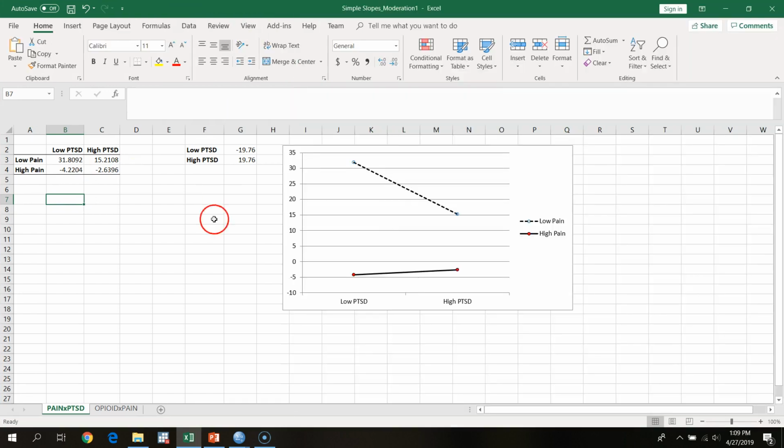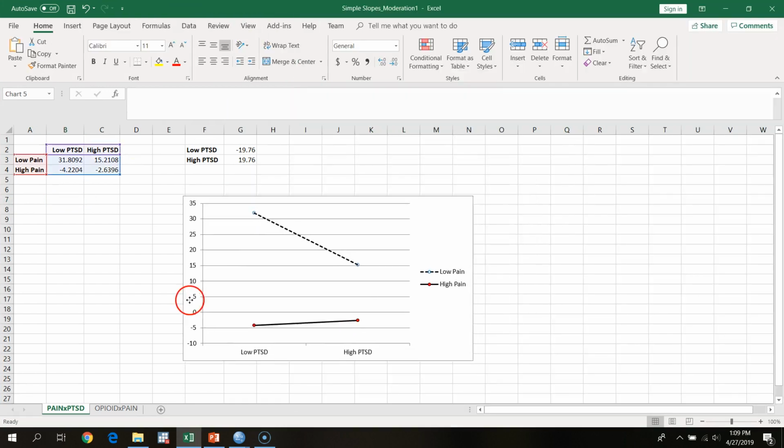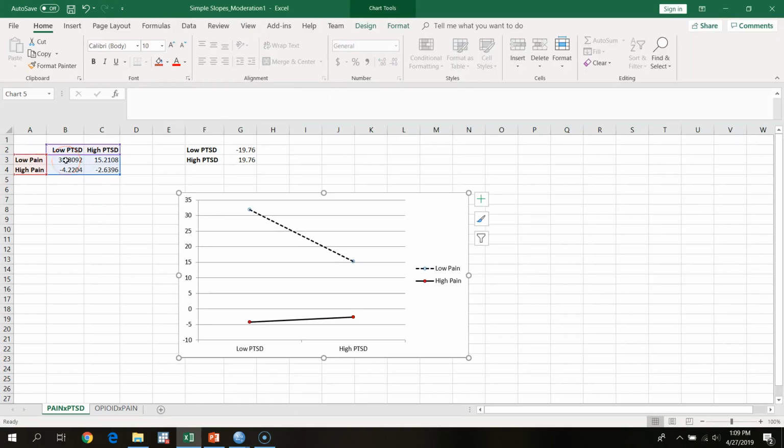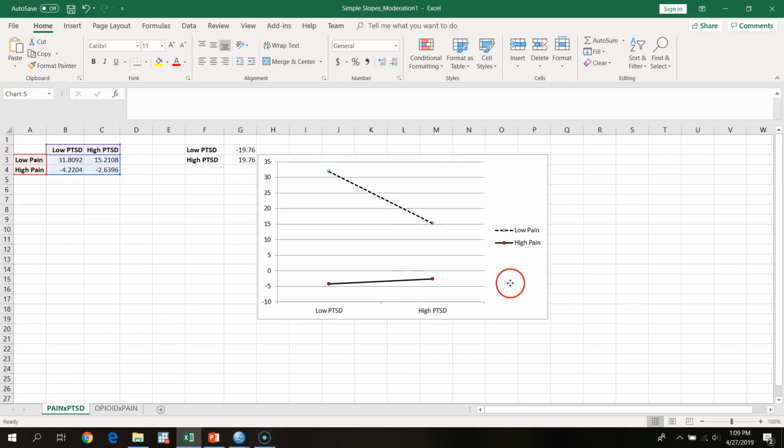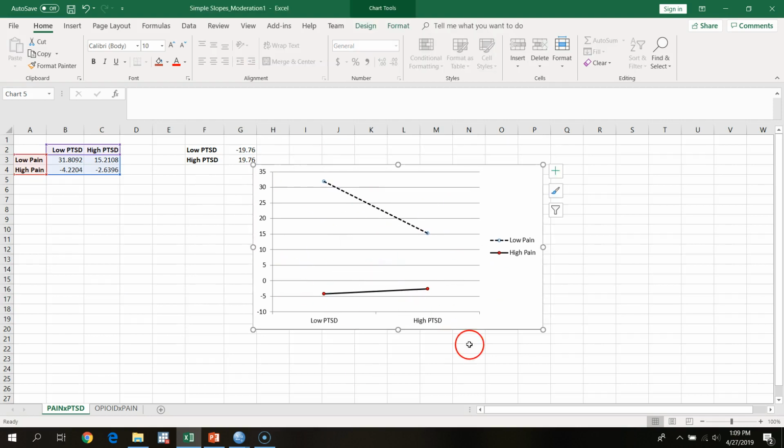What this does is give us our point estimates for role functioning at combinations of low pain and low PTSD, low pain and high PTSD, high pain and low PTSD, and high pain and high PTSD. That gives us our simple slopes graph right here.